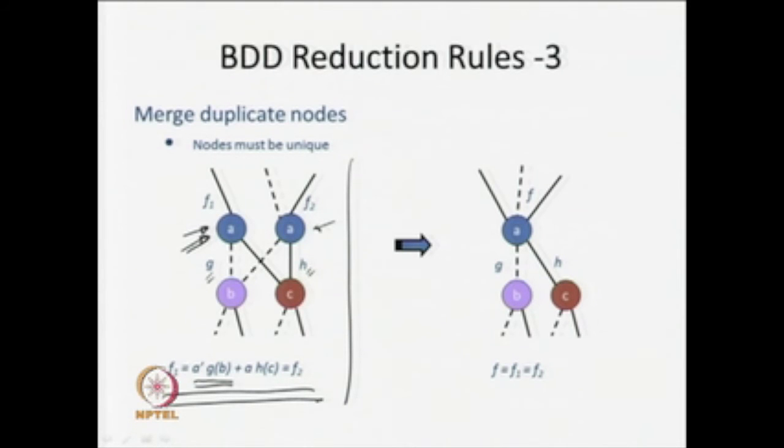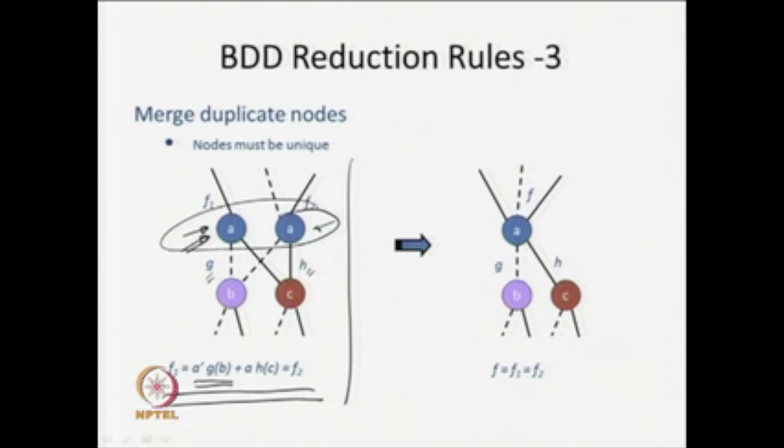So, in this particular case we can say that these are basically some sort of duplicate nodes that we have in our BDD. So, what we can do now? We can eliminate these or merge these two nodes to a single node. So, in this particular case both F 1 and F 2 will be equal to your F. So, we can say that merging these two nodes to 1 and these are the sub function that we are having.